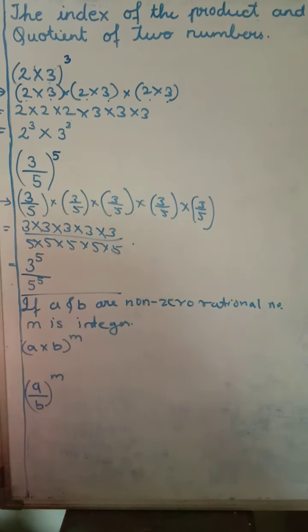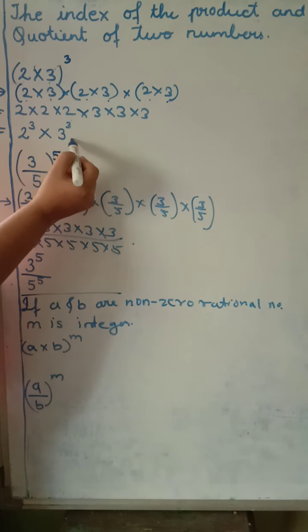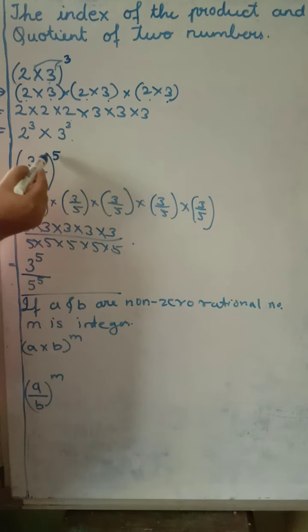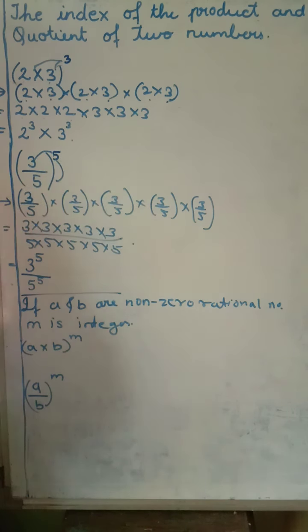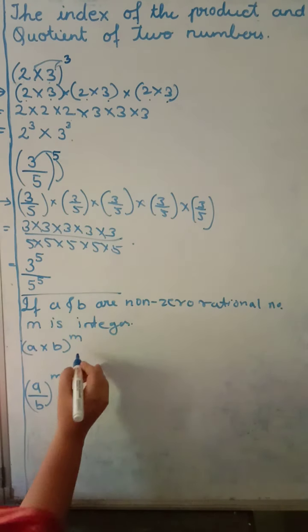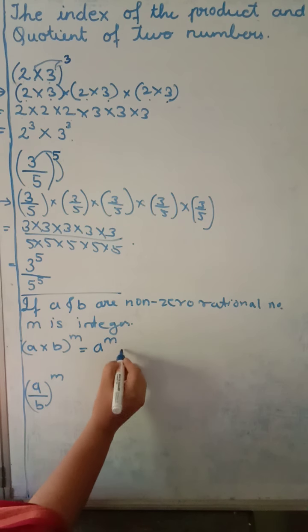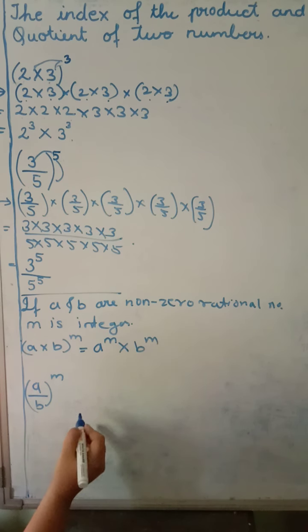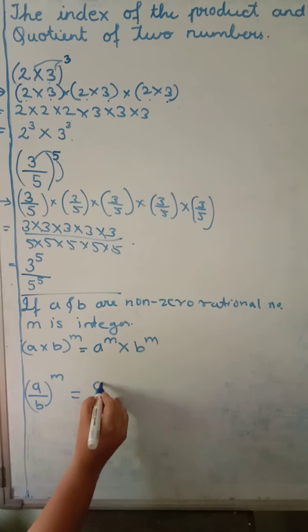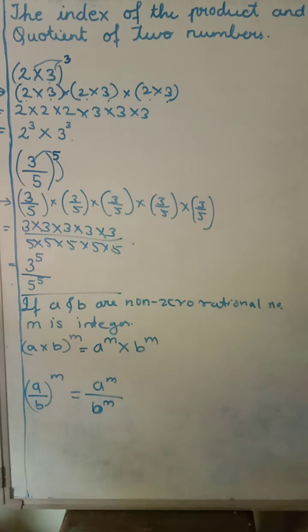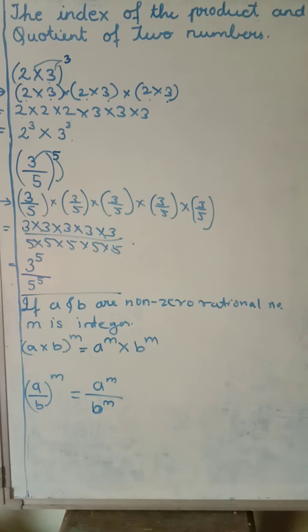Now in these two sums, these 3 I have given to these two numbers, and this 5 I have given to these two numbers. So we can write (a into b) raised to m is equal to a raised to m into b raised to m. And here we can write (a upon b) raised to m is equal to a raised to m upon b raised to m.